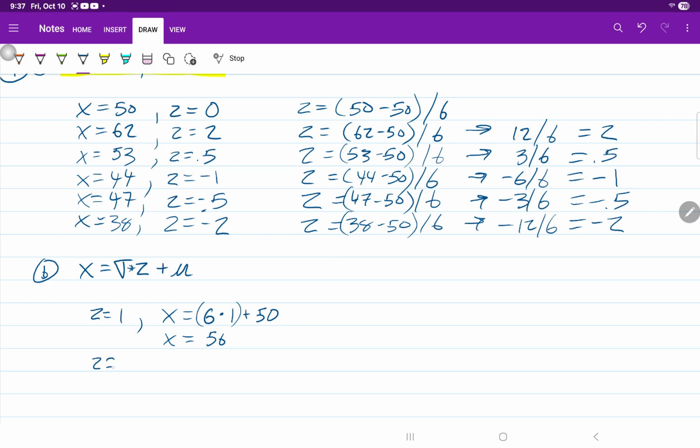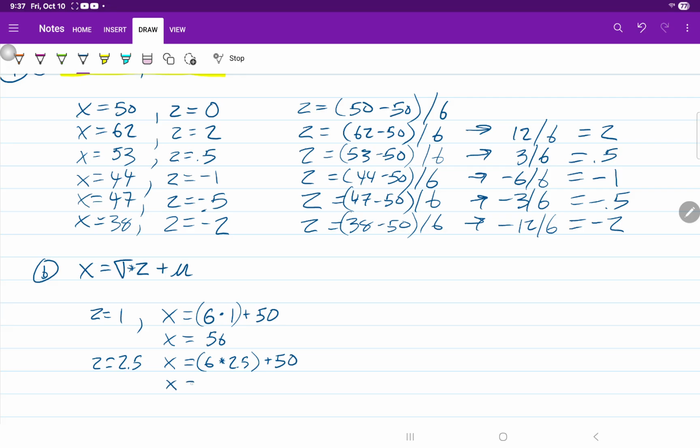And the next one, they give us z equals 2.5. So we'll do the same thing. X equals our standard deviation of 6 times 2.5 plus 50.